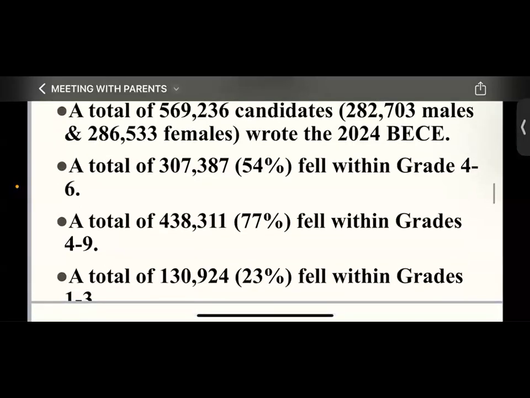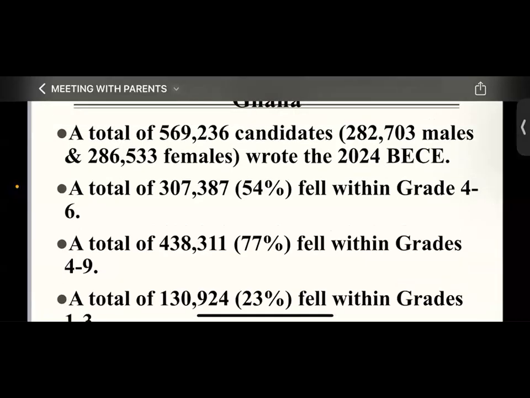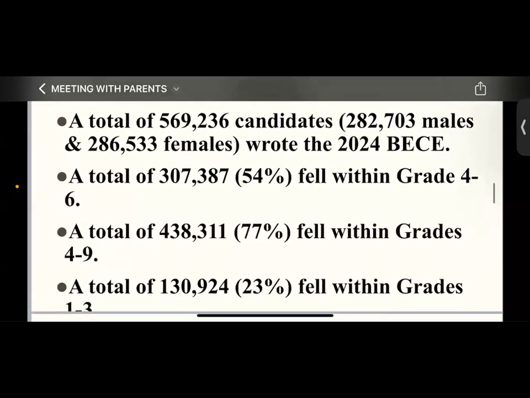Then a total of 438,311, that would be 77% of the total figure of 569,236 students, falling within grades 4, 5, 6, 7, 8, and 9. 77% will fall within 4 to 9, with a total of 130,924, that is 23% of them, falling within grades 1 to 3. So that's how difficult it was to get grade 1, 2, or 3 in a particular subject.